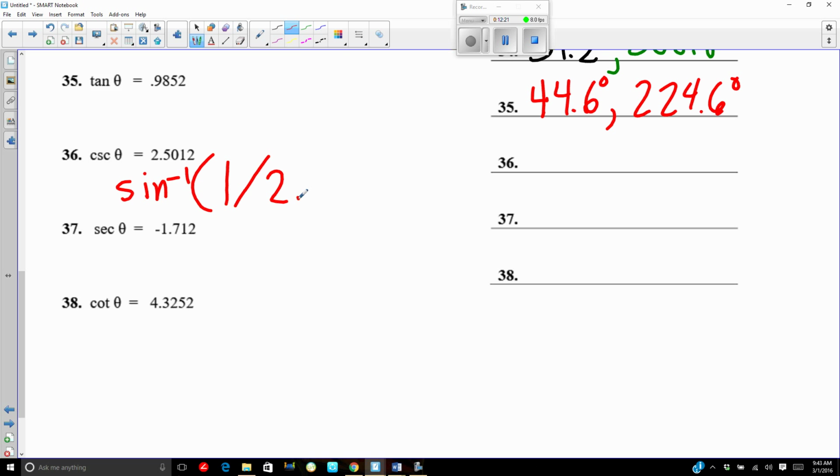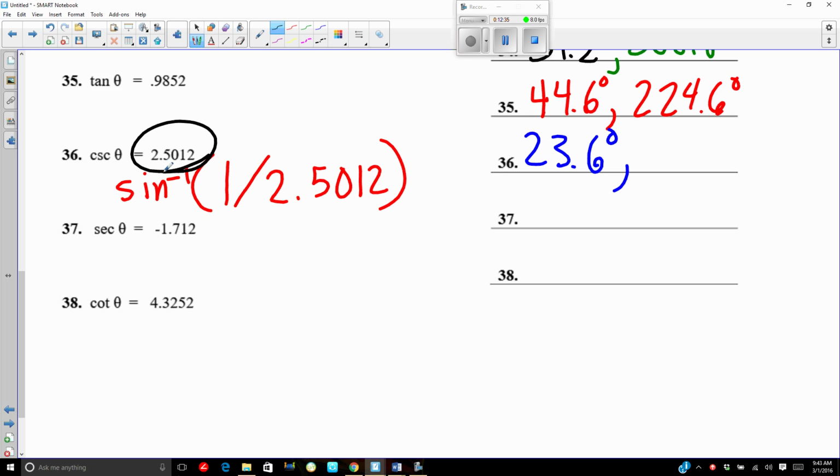So 1 divided by 2.5012. So you should get approximately 23.6 for one of your answers. Your other answer is going to be in quadrant number 2, since that number is positive. So find the 23.6 degree reference angle in quadrant number 2, and that will help you find the other answer. So 23.6 and 156.4.